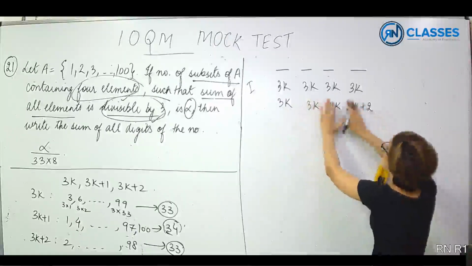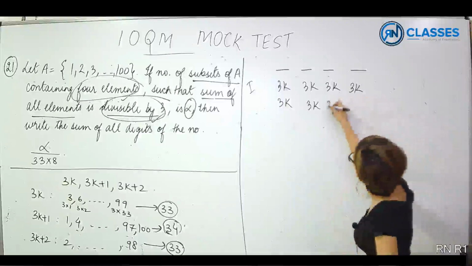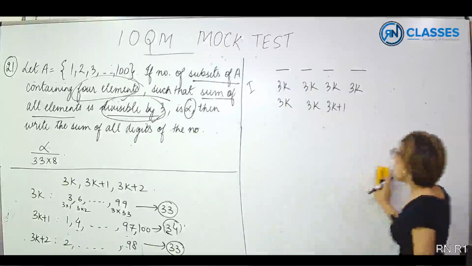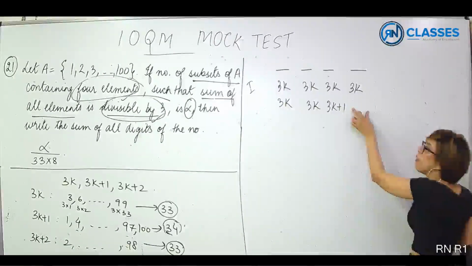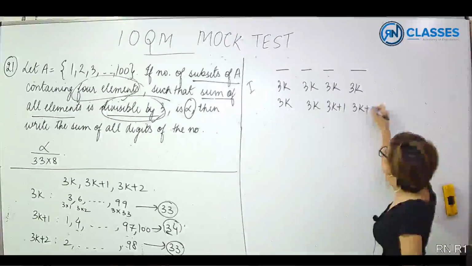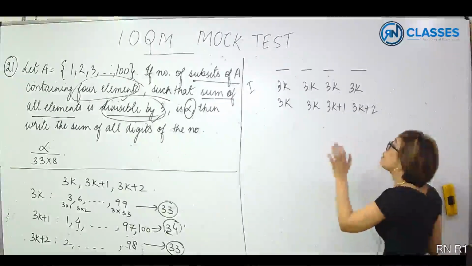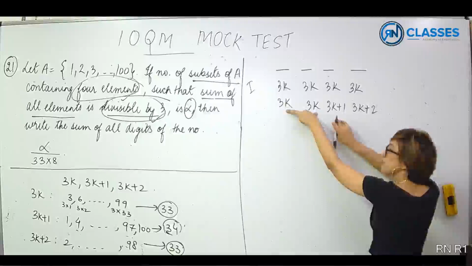That means this I have exhausted, now I need to change this one. So instead of 3k, I can have 3k plus 1. Right? Obviously, I will not put 3k over here, because that does not make sense. I can put 3k plus 2. Right? Another case. So I have exhausted all those possibilities where 3k is there and here 3k plus 1 is there.